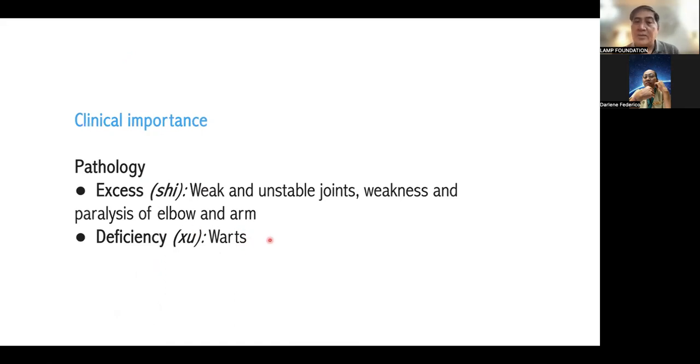So if you would like to get rid of the warts, you know what channel to tonify. So you will have to tonify specifically the luo connecting channel. Okay? So, yung mga merong ano dyan, yung mga nakaka-relate, no? Warts. Yon. I hope that made sense.